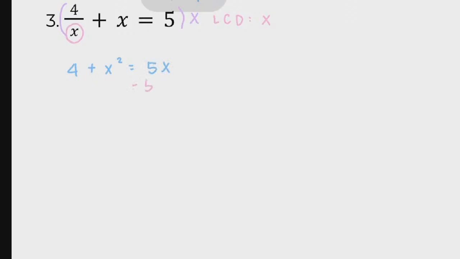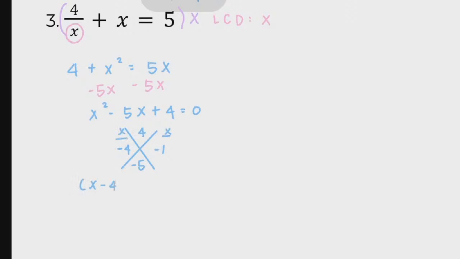And to solve for x, we have to solve the quadratic. So we have x squared minus 5x plus 4 equals 0. That means there's a 4 on top, negative 5 on the bottom. So the two numbers that multiply to 4 and add to negative 5 are negative 4 and negative 1.